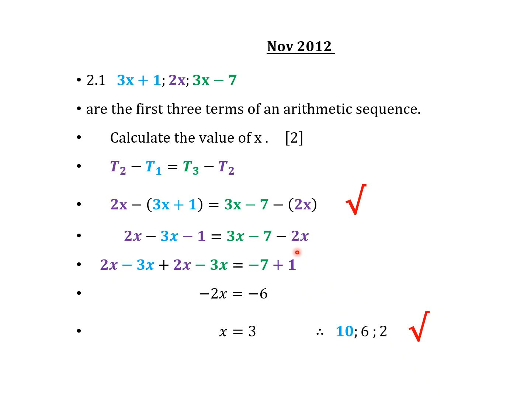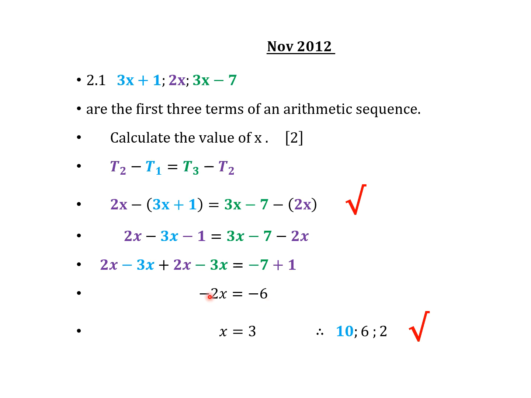If I take all my x's to the same side, I have 2x minus 3x plus 2x minus 3x. So 2x plus 2x is 4x, minus 3x minus 3x is minus 6x, plus 4x gives me minus 2x. On the other side I have minus 7. If I bring minus 1 over, plus 1, minus 7 plus 1 is negative 6.